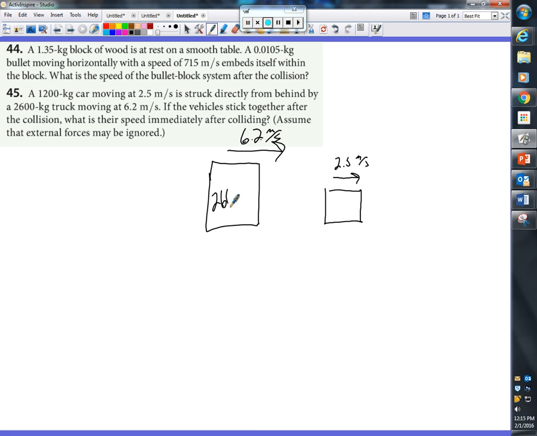This having a larger mass of 2,600, and this with the lower mass of 1,200. So it says if the vehicles stick together after the collision, what is their speed immediately after colliding? Again, assuming external forces are ignored.